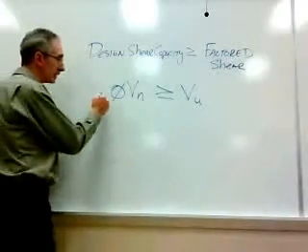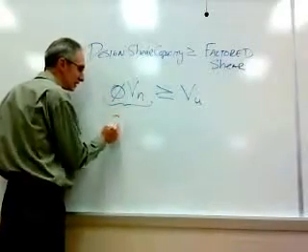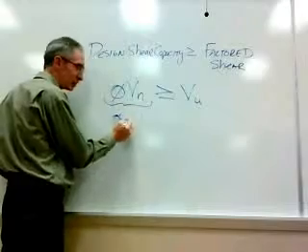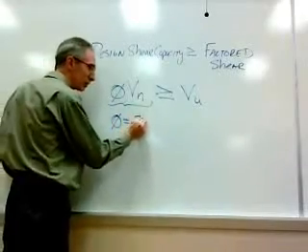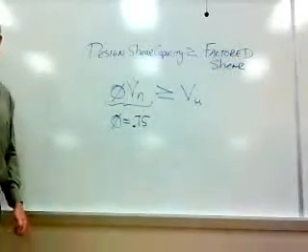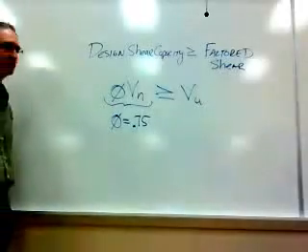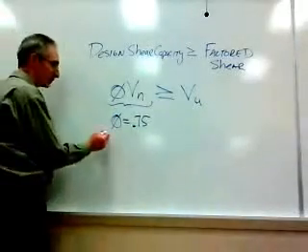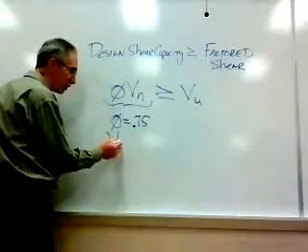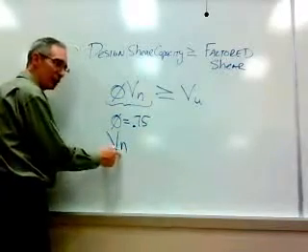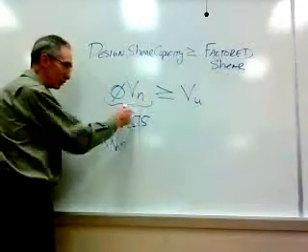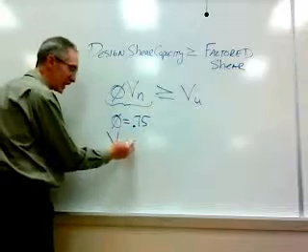So that's basically it. In this, phi is just going to be a constant. It's going to be 0.75 when we deal with shear. We're going to have two other components that make up the nominal shear capacity, V_n.